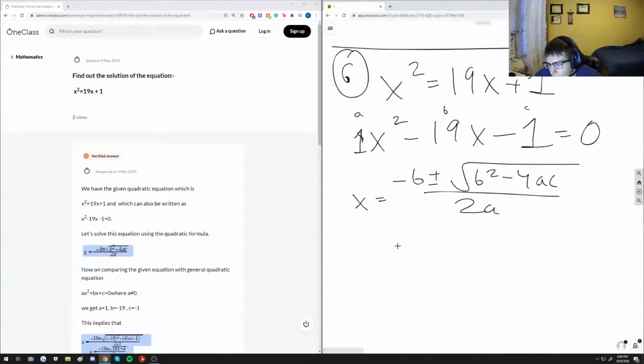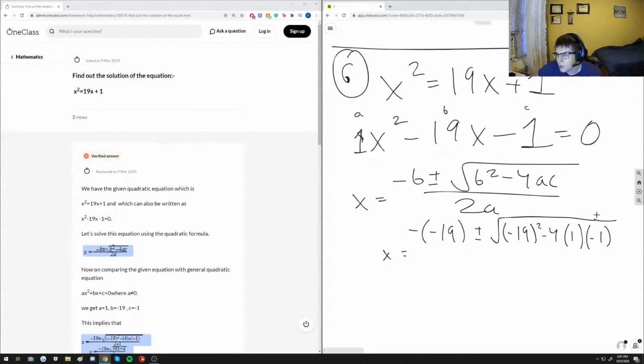So substituting all of these values in, we get x is equal to negative 19 plus or minus the square root of negative 19 squared minus 4 times a, which is 1, times c, which is minus 1, and then the whole thing over 2 times 1.